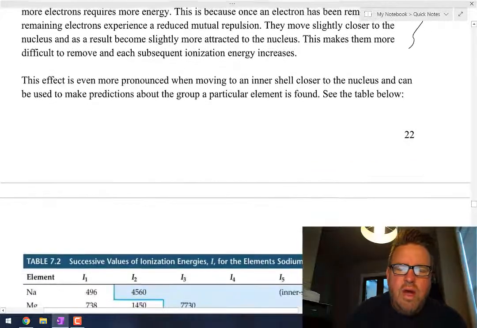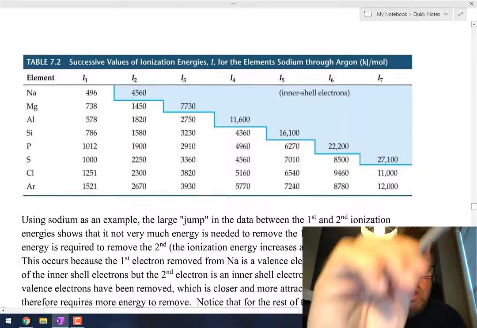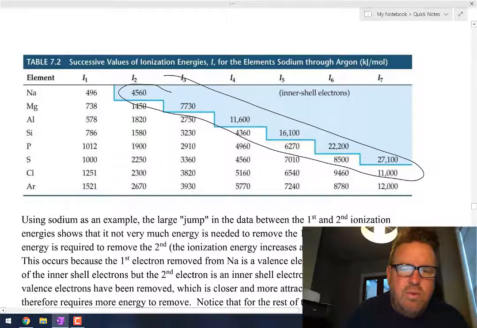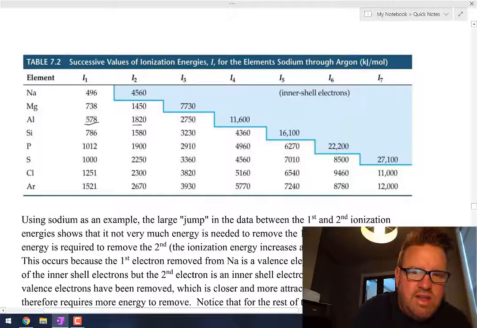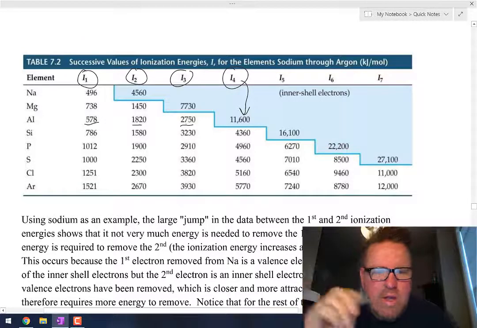Now, what you notice, and you've probably seen this in general chemistry, is this blue area right here, where you see not just an increase. Let's look at aluminum. Aluminum goes from 578 to 1800 to 2700. Here's the first ionization energy, the second, the third. But then for aluminum, notice that by taking that fourth one away, you see again a big jump.